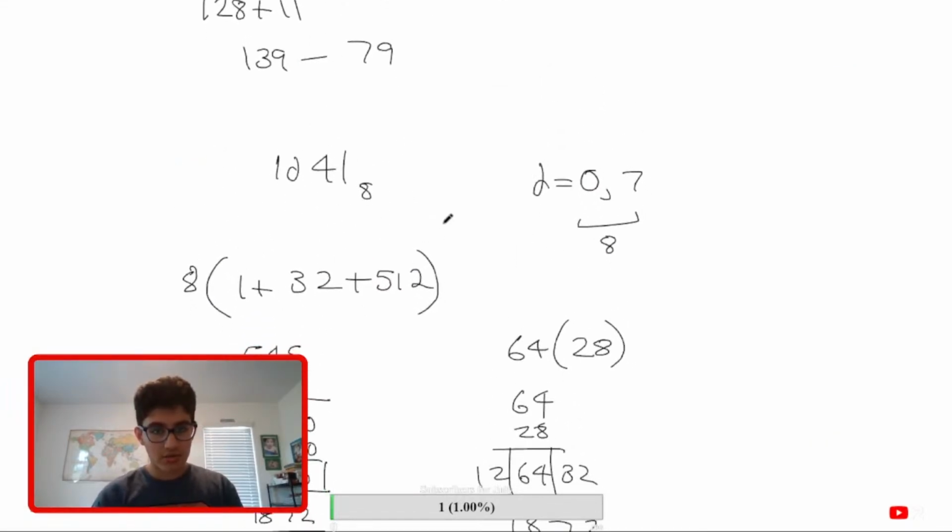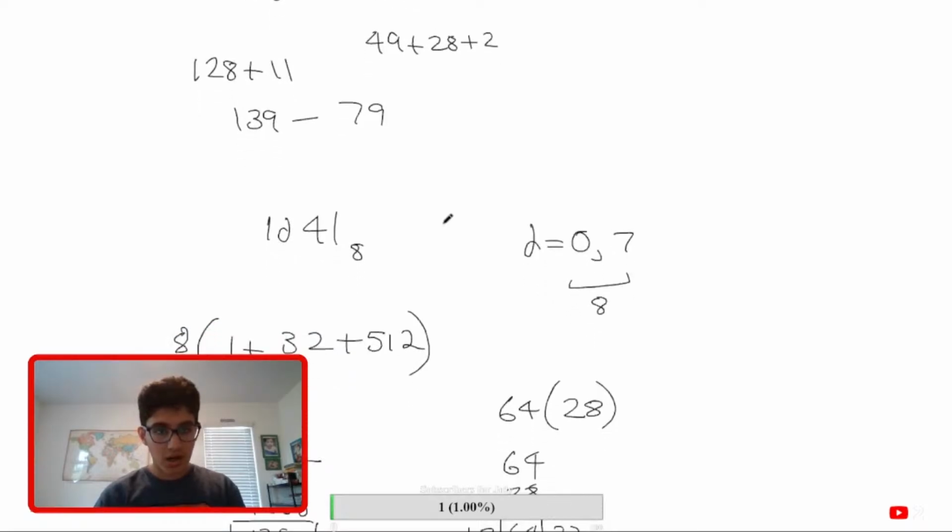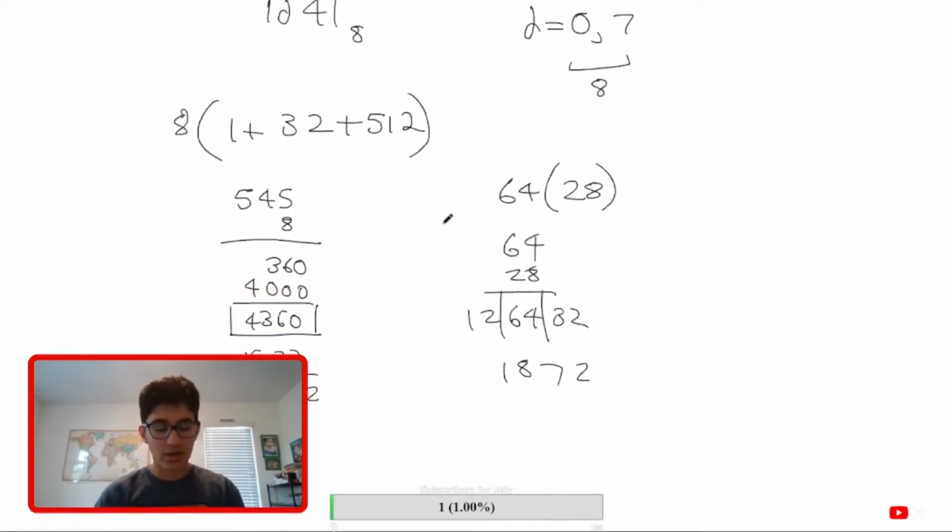So, all the way from the beginning, our number is 1d41, right? The first one is 512. We skip the d because we're adding that in later. Then we have 32 because it's 4 times 8, and then we have 1. So 1 plus 32 plus 512 does become 545.